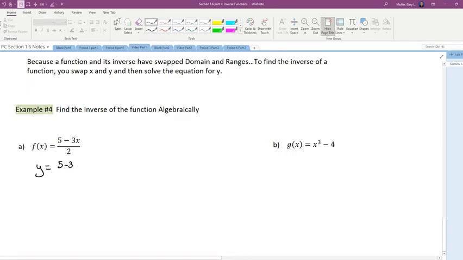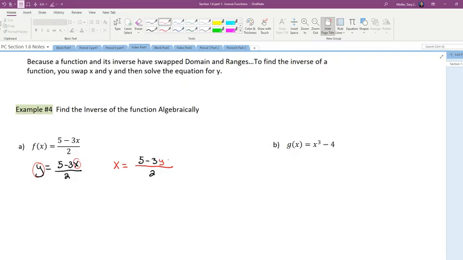I'm going to rewrite it with a y instead of an f of x. And then I am just going to swap the x and the y. So that's going to give me x equals 5 minus 3y. Okay? So my x and y literally just swap places.